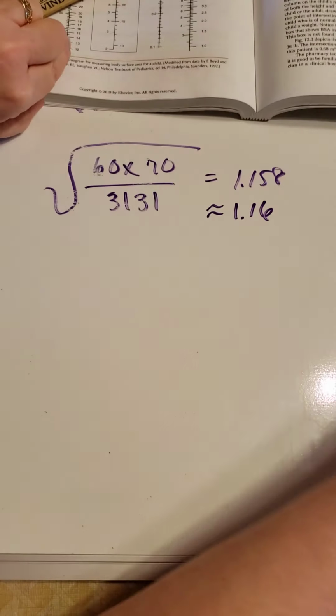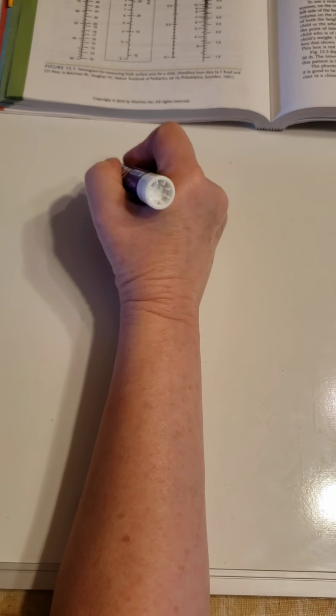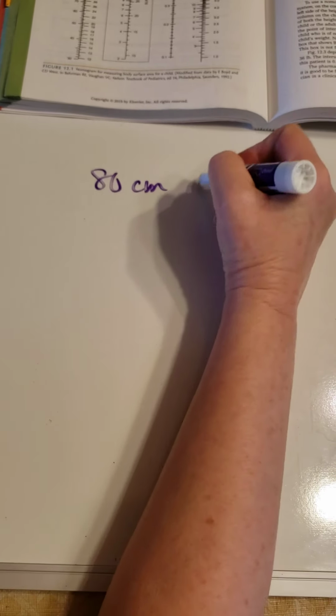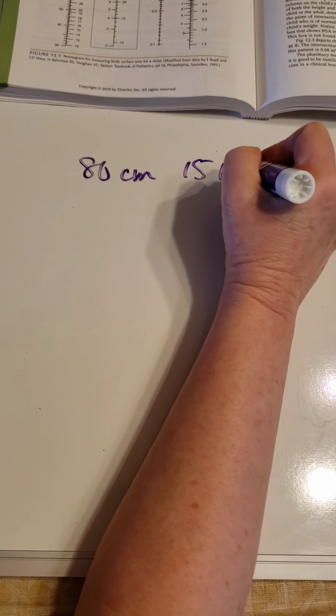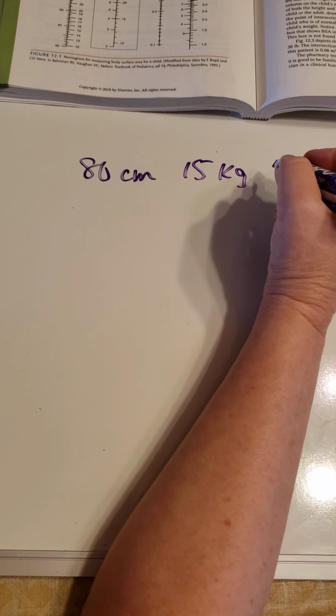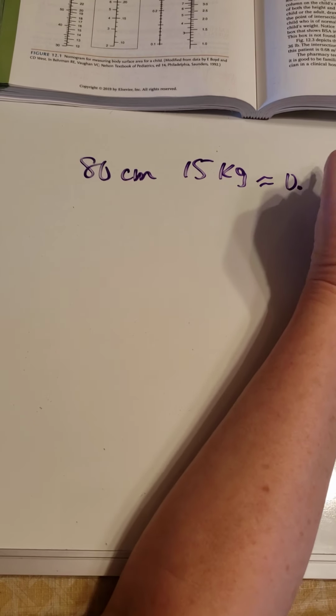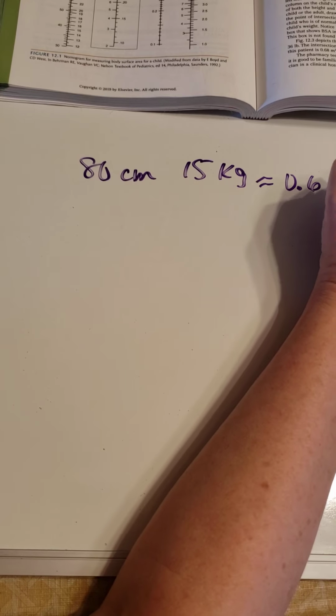Okay, so 80 centimeters, let me erase this one. 80 centimeters and 15 kilograms. And when we use the nomogram, we came up with 0.6 meters squared.